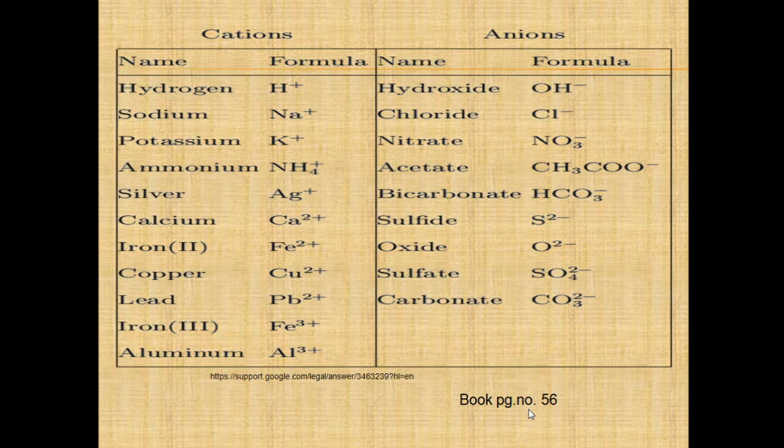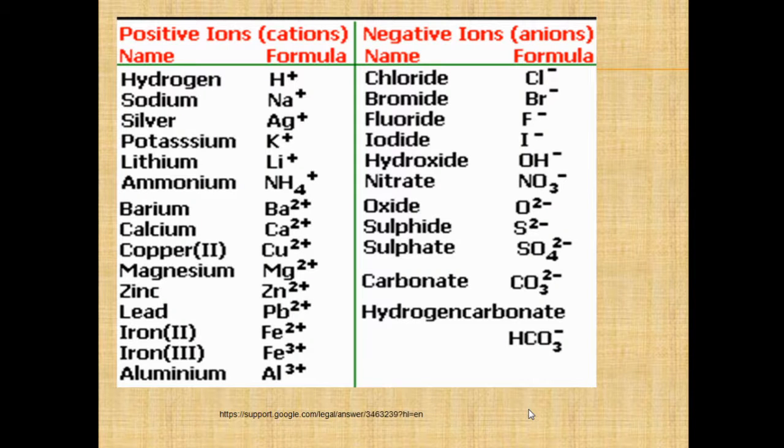Similarly, anions: hydroxide OH-, chloride Cl-, nitrate NO3-, acetate CH3COO-, bicarbonate HCO3-, sulfide S2-, oxide O2-, sulfate SO4 2-, and carbonate CO3 2-. Now next, positive ions, cations, name, formula, negative ions, anion, name and formula.